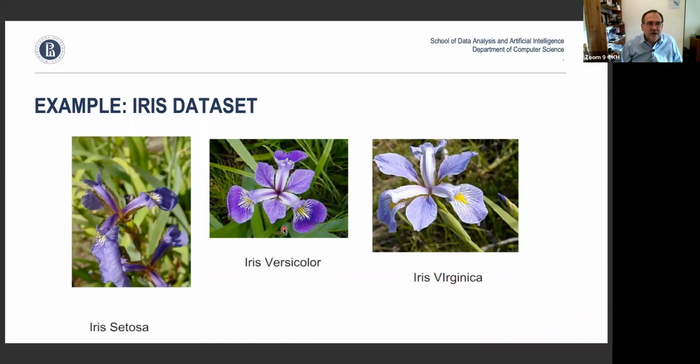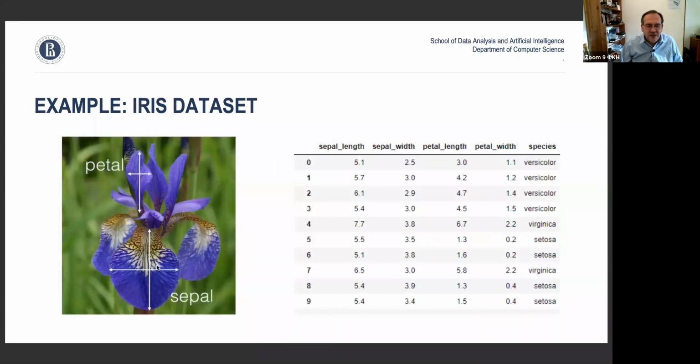But for those of us who are not scientists, they made all the measurements. What they measured is the length and the width of this type of leaf, which is called sepal, and then this smaller one, which is called petal. And it happens that for those 3 different types of irises, these measurements are different.